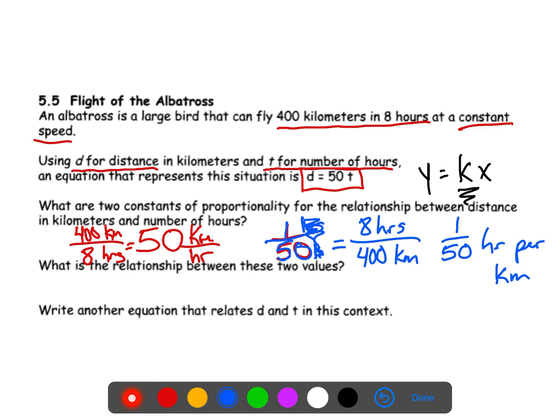So just over a minute's time. So what relationship is there between these two constants of proportionality? We have a speed of 50 kilometers per hour, or we have a constant of proportionality, 1/50th of an hour per 1 kilometer. Well, those numbers are most certainly reciprocals again.